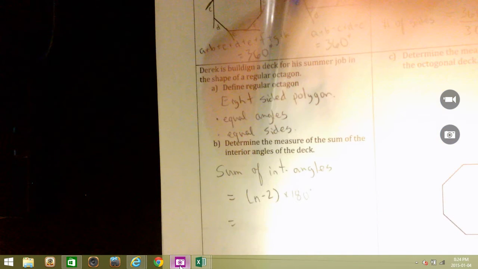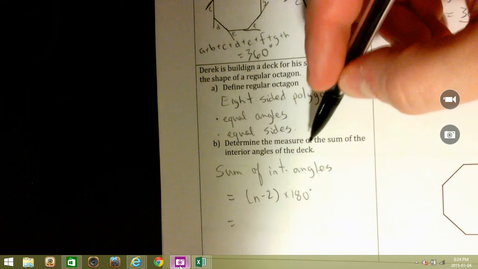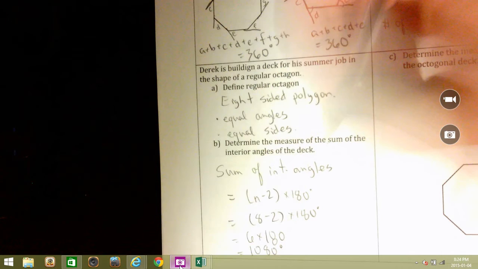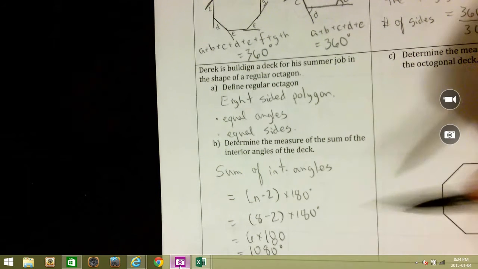N is my number of sides. It's an octagon, so it's going to be 8 minus 2, times 180. Well, that's just 6 times 180, which is 1080 degrees. So if I add up all of the interior angles here, I have 1080 degrees.